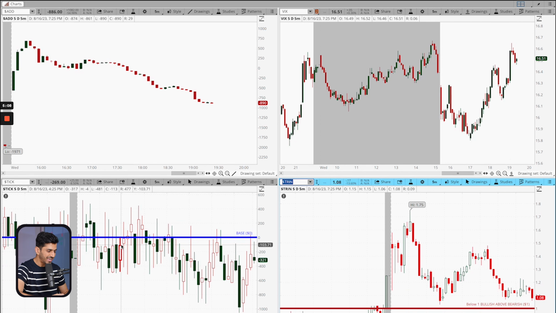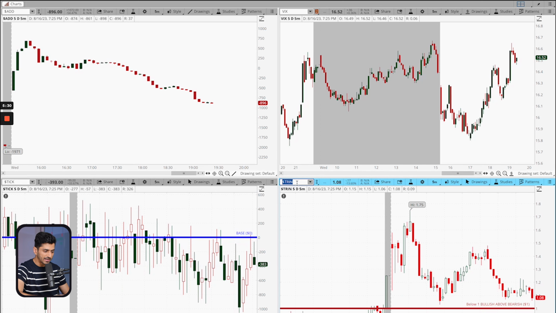If we look at the tick, exactly what we discussed as the base case, the reading is not able to get above 600, which, as we discussed, is a bullish zone. In fact, we are continuously trading lower, and this again is showcasing that for today's session, the momentum in price is on the downside.